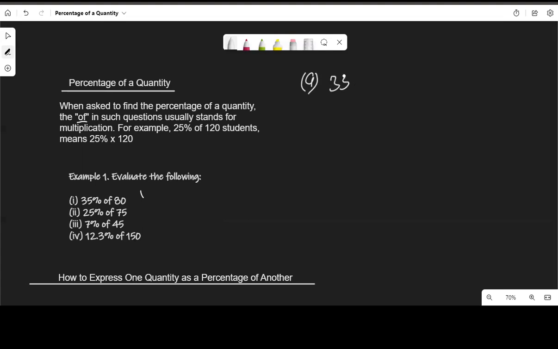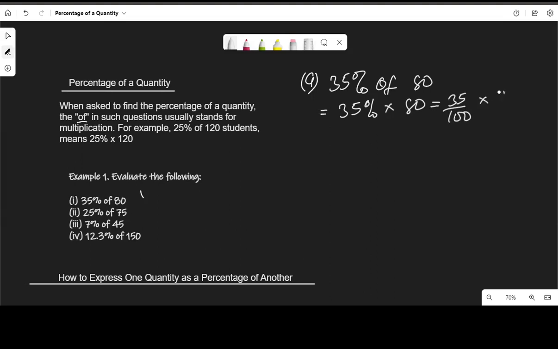So 35% of 80 means 35% times 80. And we know that percentage means out of 100. So 35% actually means 35 over 100.